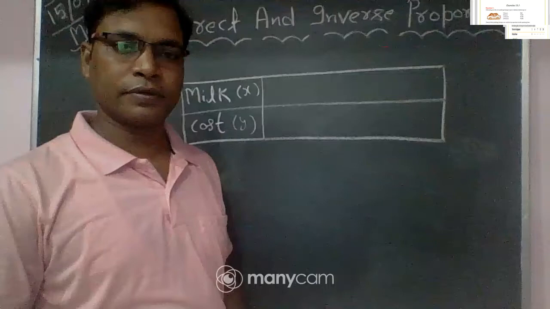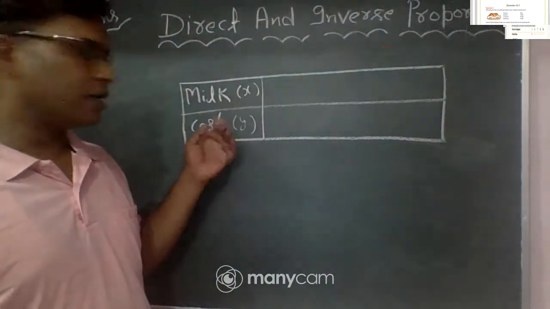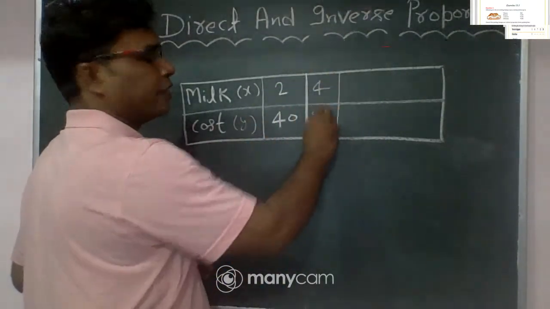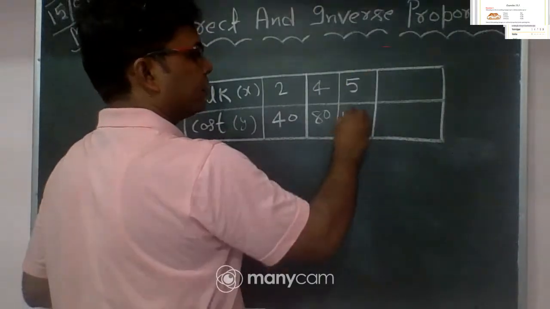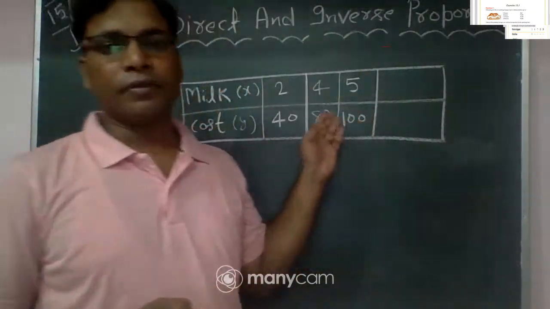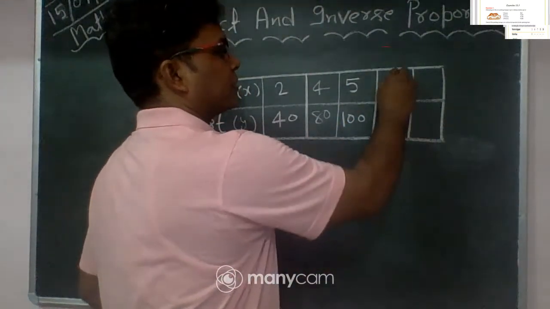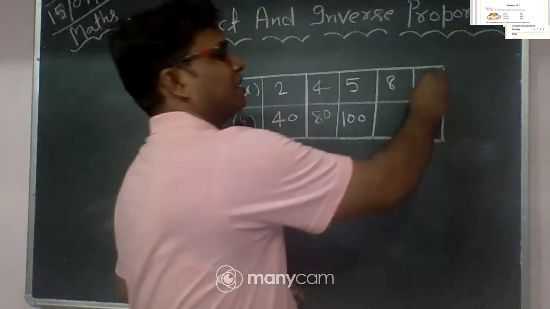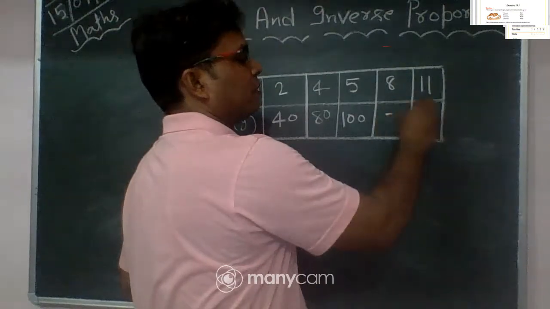5 liter मिल्क कितना जाएगा? 100, because the cost of 1 liter milk is 20 rupees. So the cost of 4 liters of milk is 80 rupees, and the cost of 5 liters of milk is 100 rupees, and so on. Suppose the cost of 8 liters of milk, or 11 liters, 12 liters, whatever.